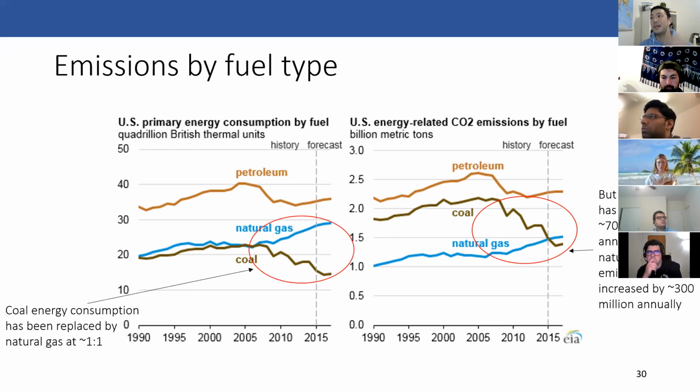But because it's half the amount, in a one-to-one replacement we've seen a decrease in coal emissions of 700 million tons, and natural gas emissions have increased by 300 million tons annually. So you're talking about displacing about 400 million tons annually, which is quite an astronomical amount.